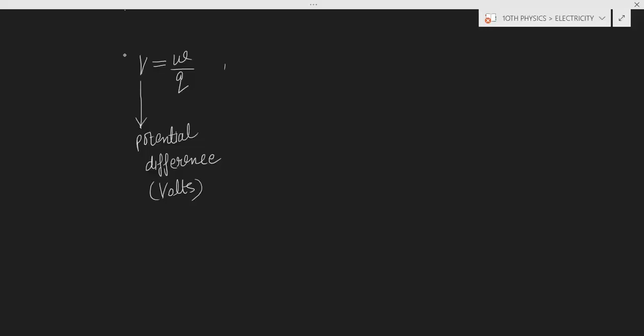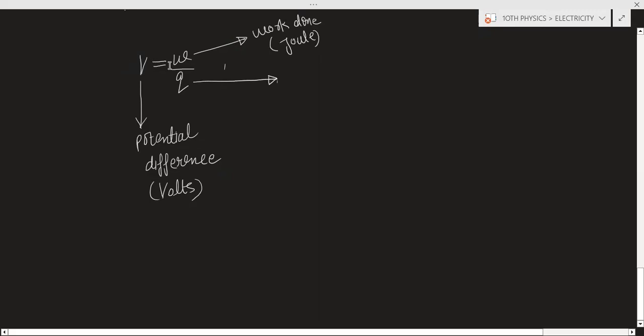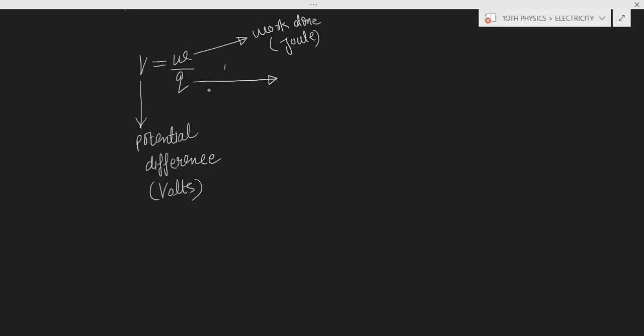W is the work done, and the unit of work done is joule. This is the charge, and the unit of charge is coulomb.